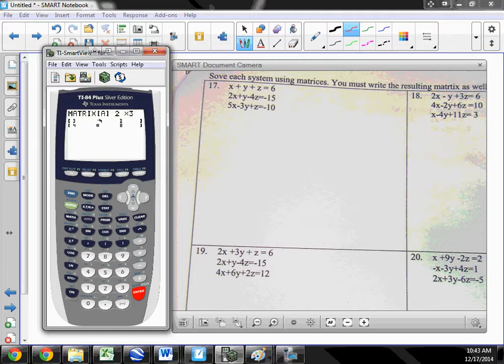So it's 3 by 4. So 3 and 4, and then I just put all the numbers down. 1, 1, 1, 6. 2, 1, negative 4, 15. Oh, negative 15, thank you.